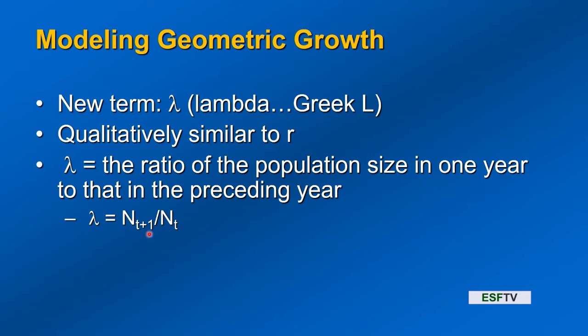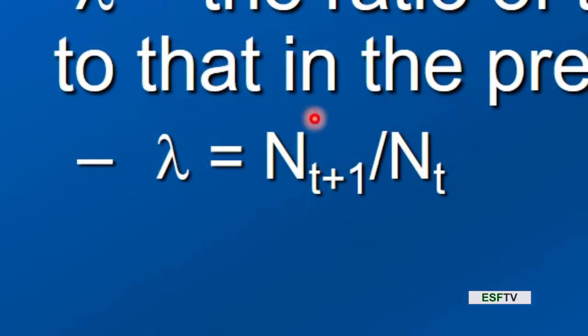And so this figure shows lambda just equals the population N(t+1) in the future divided by today's population, N(t), okay? In a very simple version of this. So there's only 2 years being shown here. Again, the interval could be years, it could be days, depending on the species, or you may be interested in 10-year cycles or something. So those numbers can change, but for simplicity, we're calling them years because at least my brain works pretty well that way.